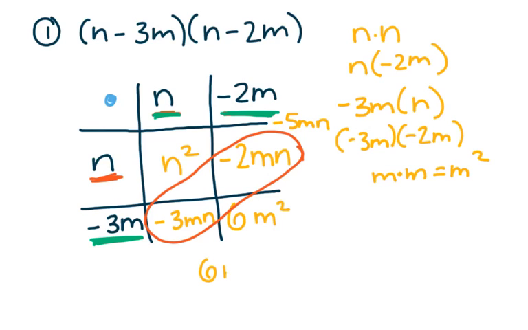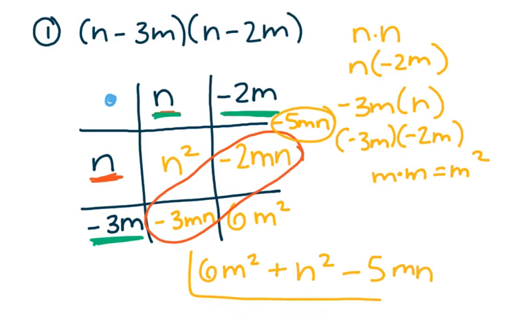So I get 6m squared plus n squared minus 5mn. Make sure we can see the minus 5 there. So this would be our final answer.